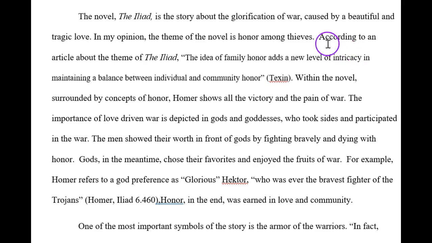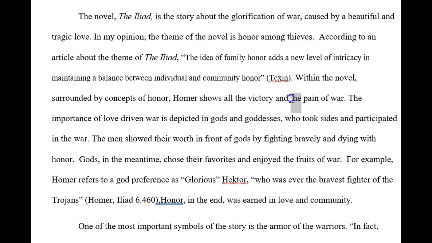Now I need to prove that, because again, I don't know anything, so I have to prove that. According to an article about the theme of the Iliad, the idea of family honor adds a new level of intricacy in maintaining a balance between individual and community honor. Texan. That's the author of that article that we found. Within the novel, surrounded by concepts of honor, Homer shows all the victory and the pain of war.